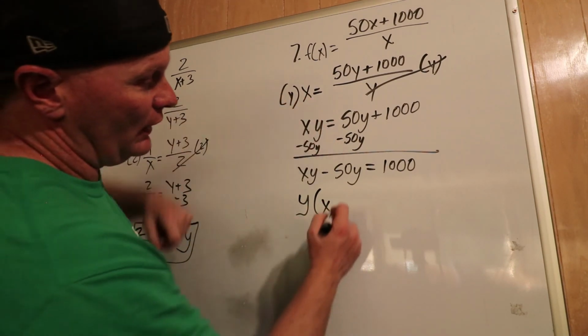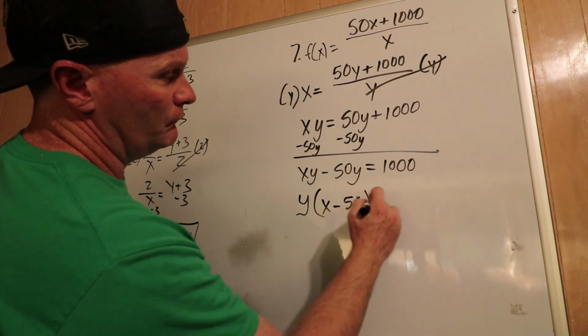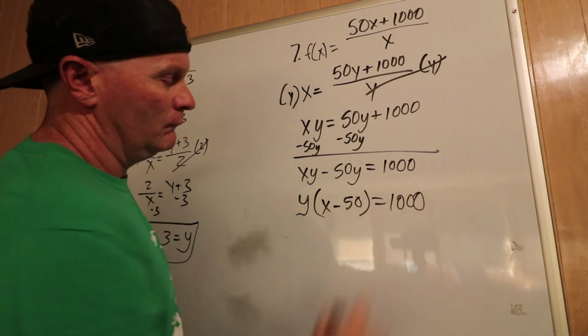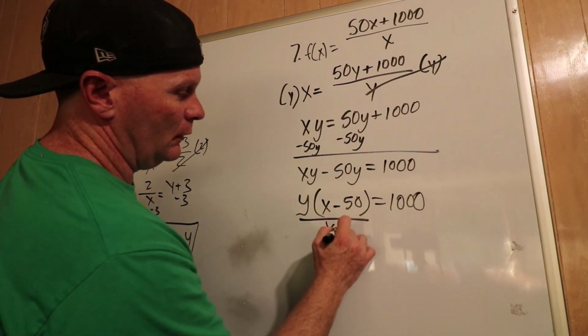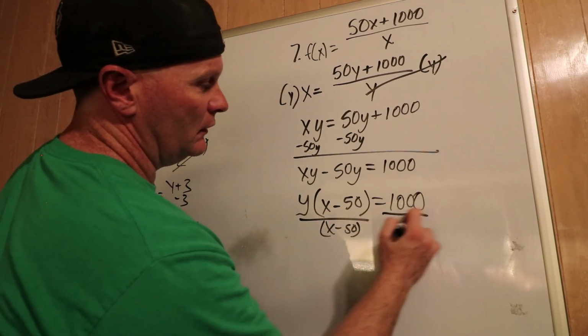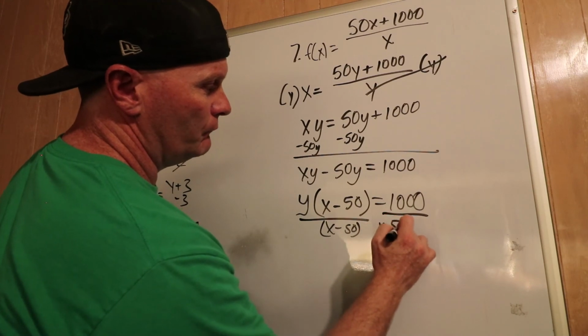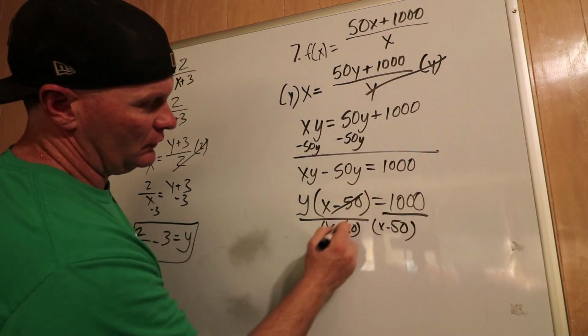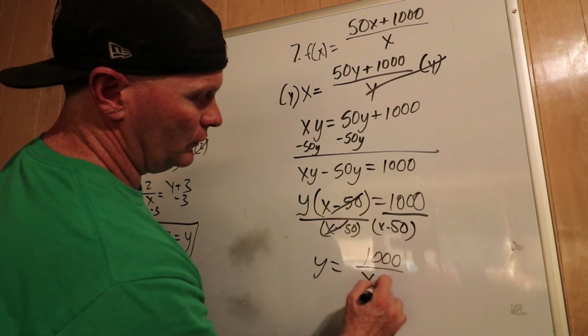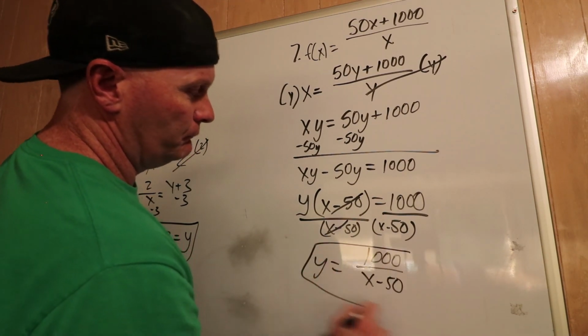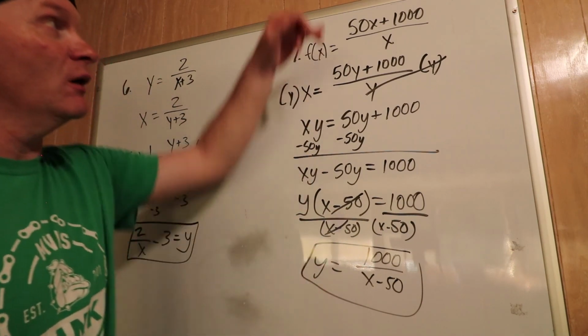If I take the y out of that, I have minus 50. And then since this is y times that whole thing, I'm going to divide by x minus 50. And I get y equals 1,000 over x minus 50. There's our inverse of that original function.